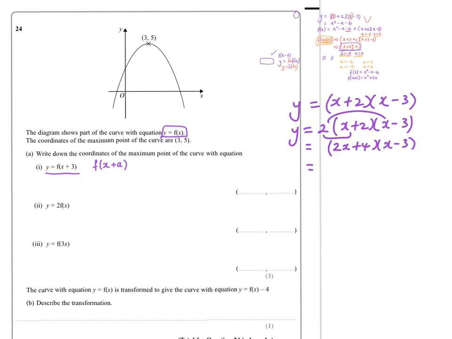Can't multiply into them both at the same time because then it will be timesing everything by 4. So we could either have x plus 2 times 2x minus 6 or 2x plus 4 times x minus 3.